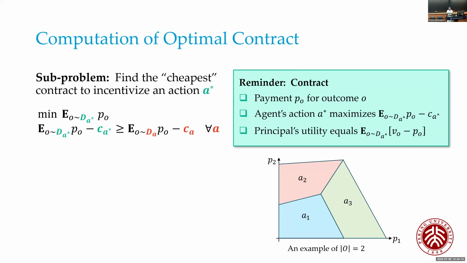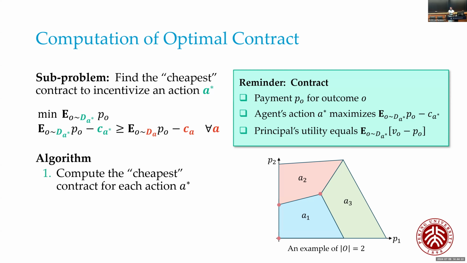For example, if you choose to sign a contract that lies in the pink area, then we will know that the agent will take action a2. So the algorithm goes as follows. For each action, we compute the cheapest contract to incentivize this action. And we just find the optimal one among the solutions of all the linear programming problems.